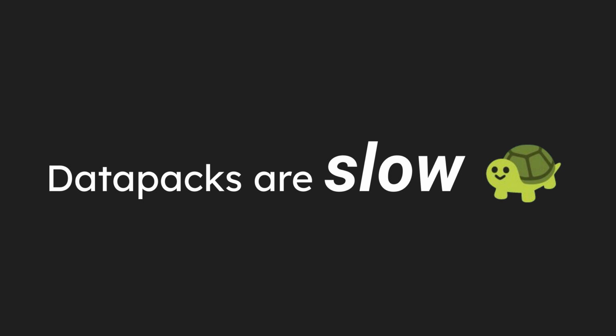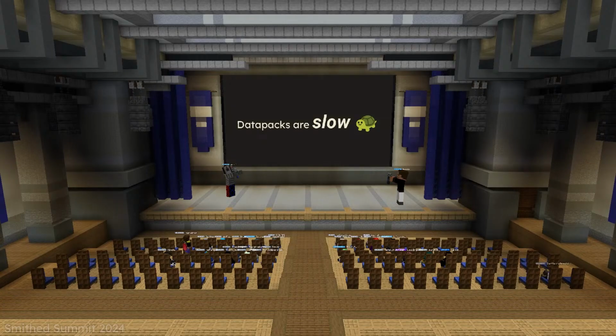A couple of extra assembly instructions isn't going to make any difference to your program whatsoever, but some extra commands, especially heavy commands like data commands or selecting all entities, and especially if they're in a loop that runs very often, can make a real performance difference. And so when you're optimizing your data pack, you really want to have full control over the output of the code, right? So you can know that your code is optimized correctly.